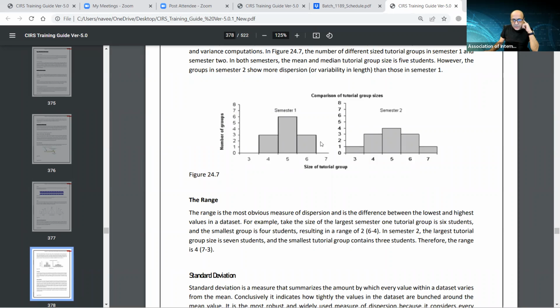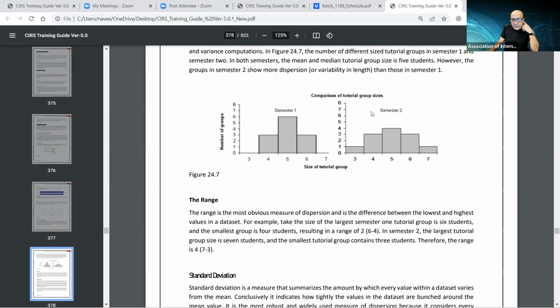So just the visual of it tells us that semester 2 probably has more students enrolled, but fewer groups. So there were like 4 groups, more students enrolled. Here we've got 6 groups, fewer students enrolled.